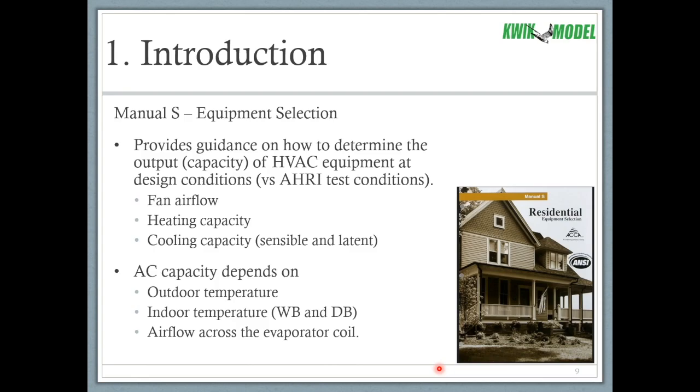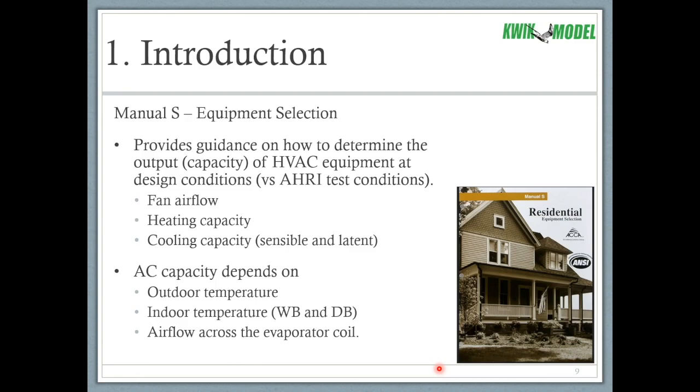The conditions that are important to understand and the numbers that you need to know are fan airflow. How much is that air handler going to move when I put this kind of duct system on it versus this other kind of duct system? What's the heating capacity going to be? And then most importantly, or the most complex calculation, is determining cooling capacity. There are two kinds of cooling capacity, sensible and latent.